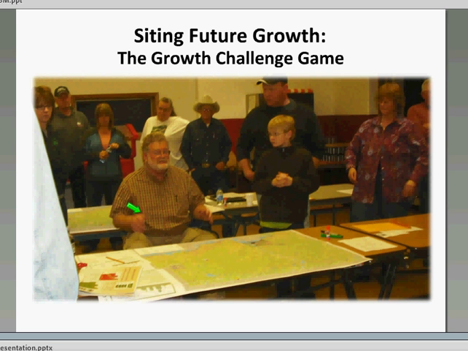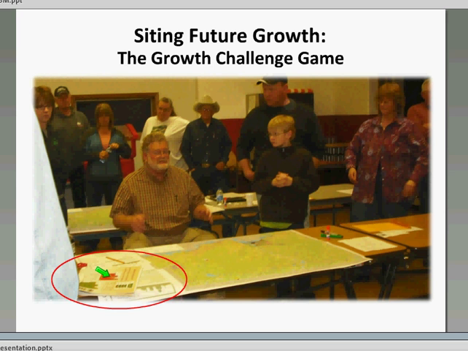We also told them that there were going to be winners and losers, and there was going to be one game out of the entire county that did better than all the rest, and we then have a conversation about why. And you can see here the resources that they had developed previously from public meeting number 1. There are sensitive lands on the map and growth efficiencies on tables.